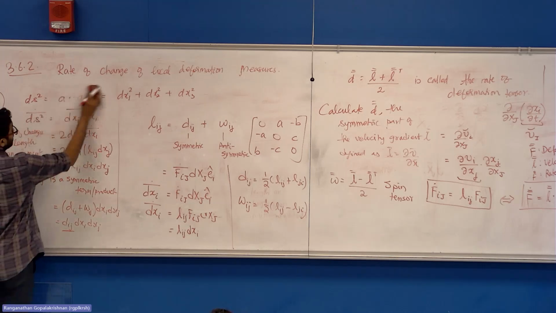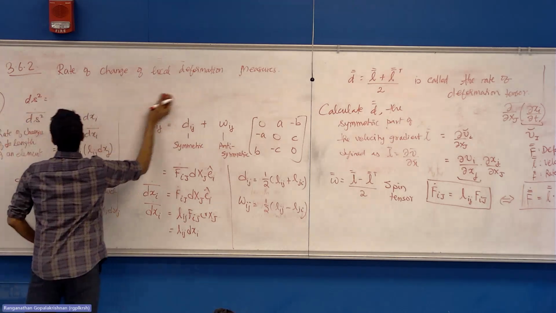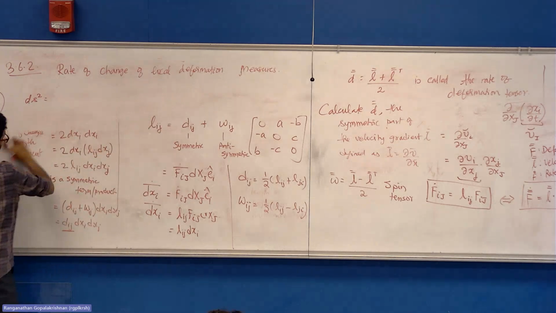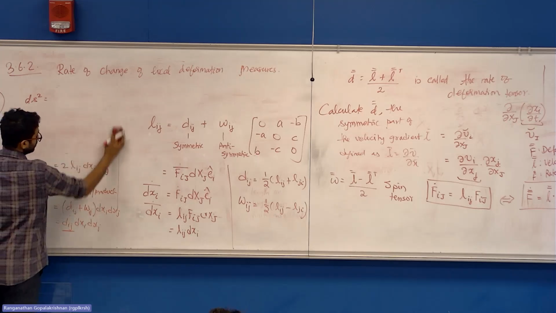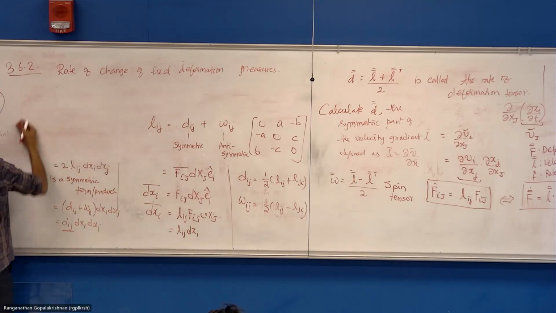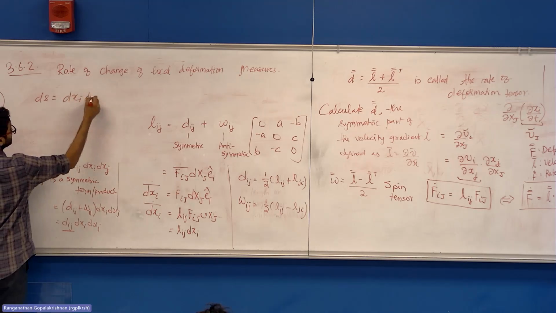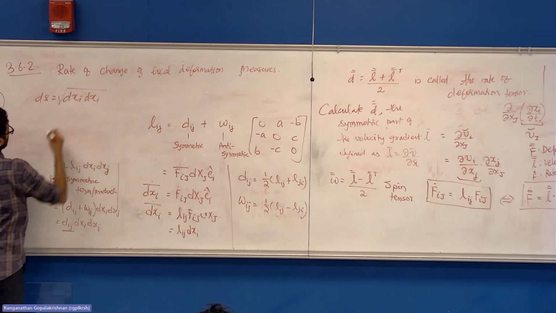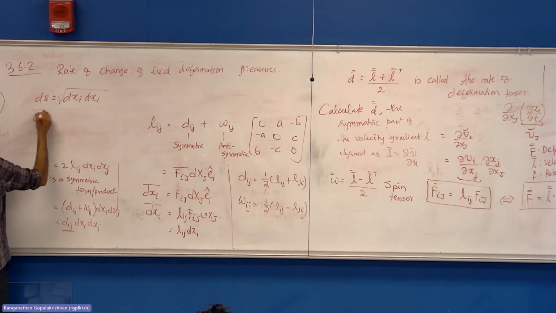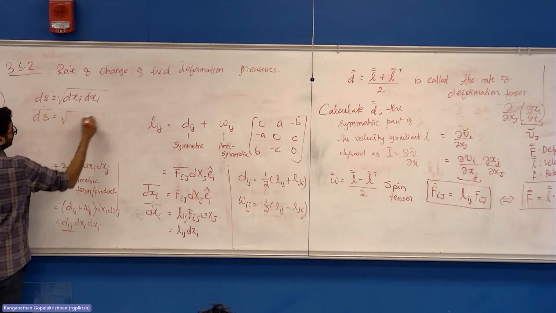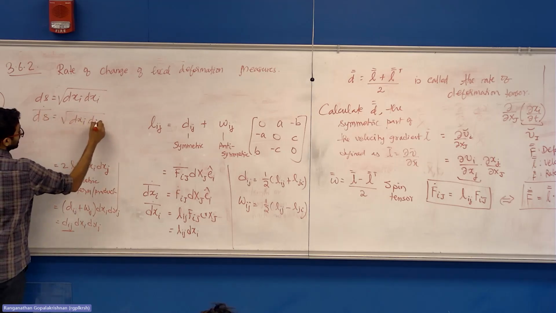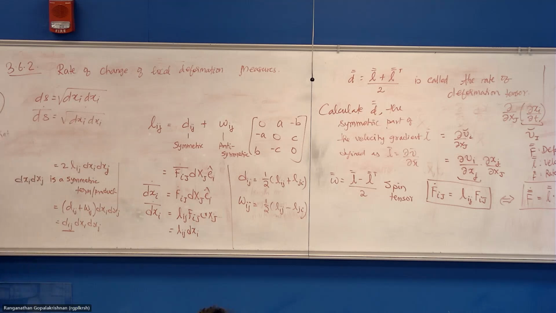So you can start here. I'm going to give you 2-3 minutes and see how far you can get through in deriving ds. ds is equal to square root of dxi dxi. So ds dot is the derivative of the square root of dxi dxi.